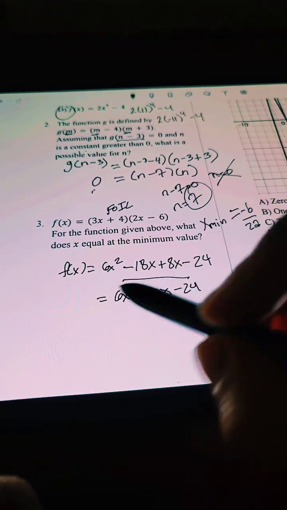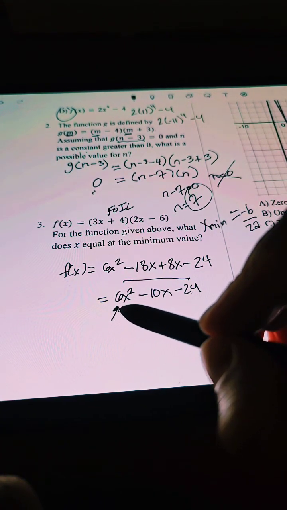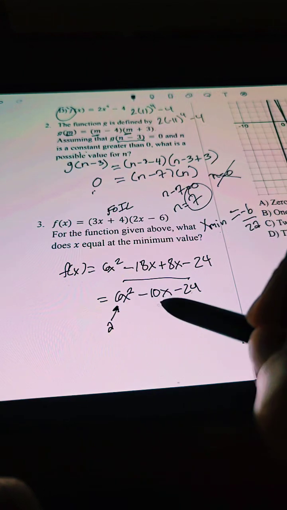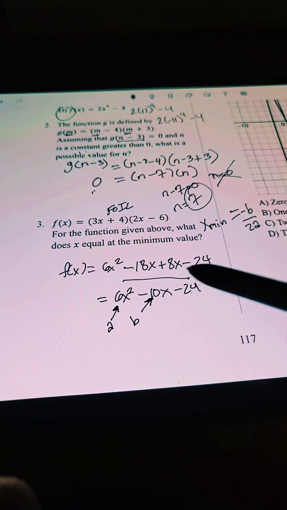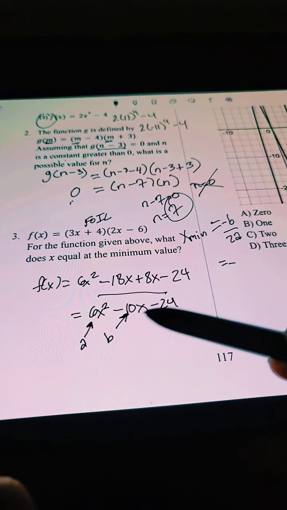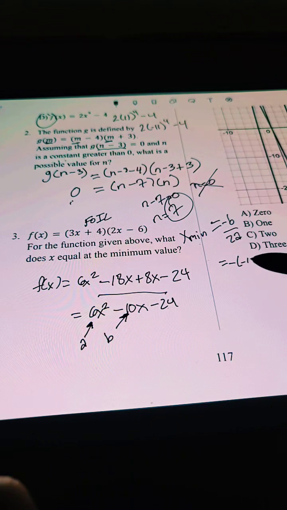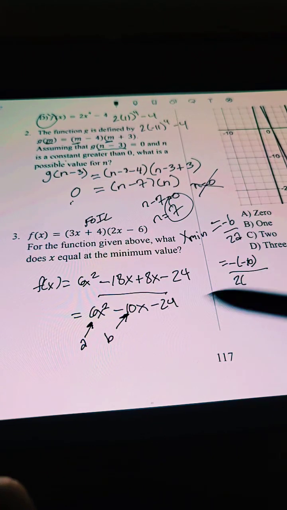Now I can easily see what b and a are. A is the value being multiplied by x squared, which is 6. B is the value being multiplied by the x, so negative 10. So if I want to find the x min, I just need to do the negative of what b is, which is negative 10, over 2 times what a is, which is 6.